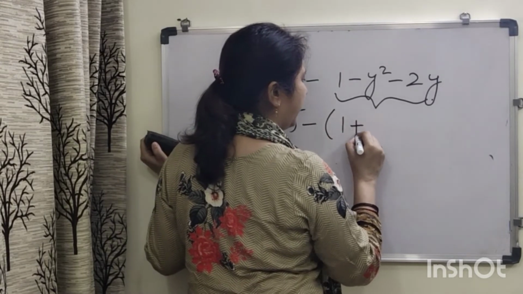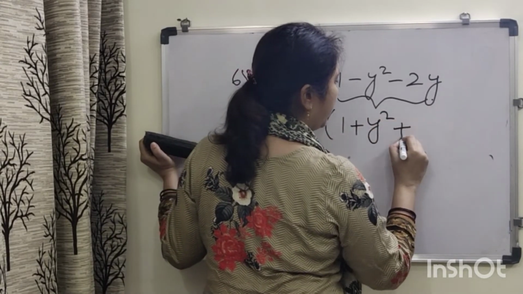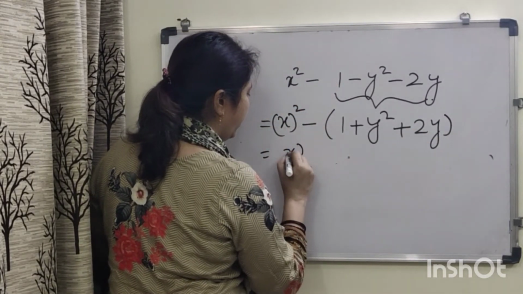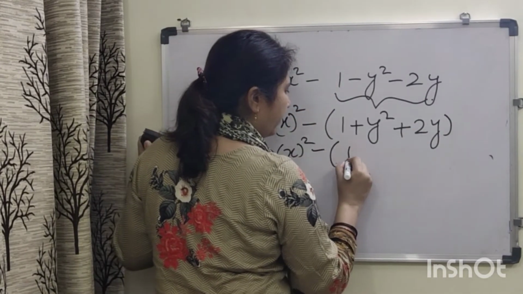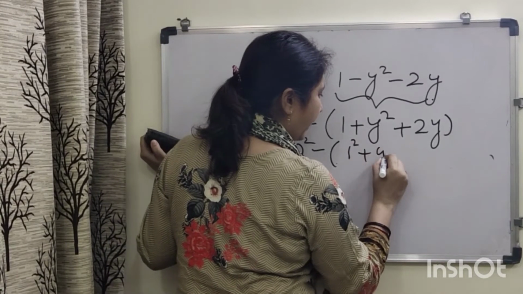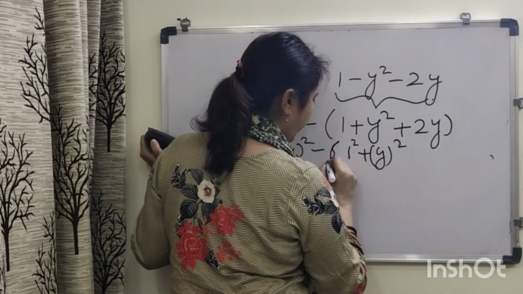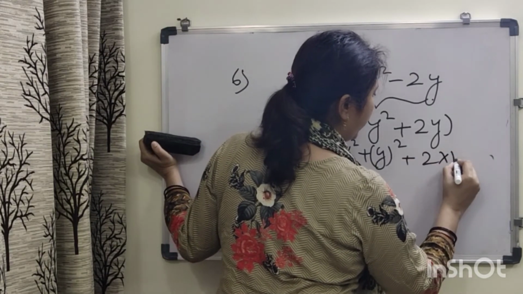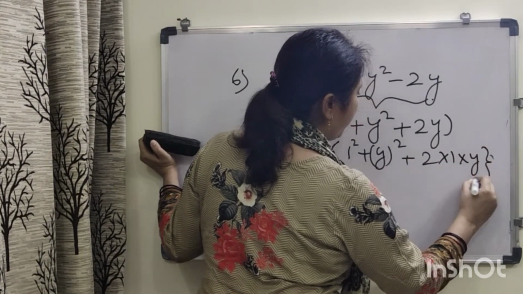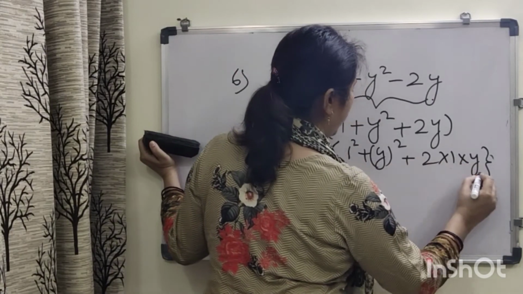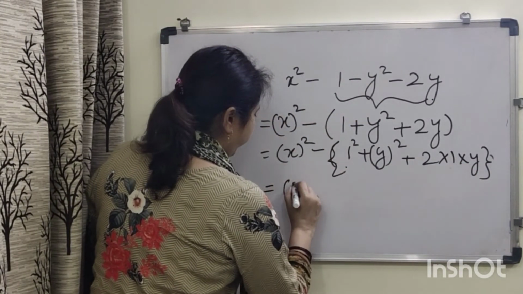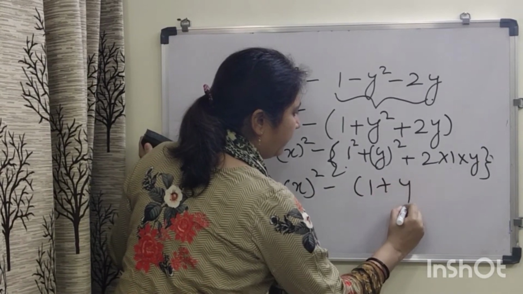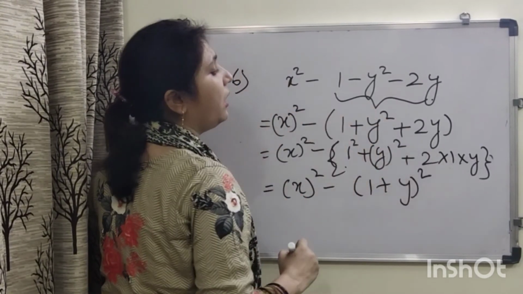It is 1 plus y square plus 2y. Now if you look at this carefully, you will find that it is 1 square plus y square, let's use curly bracket, and this is 2 into 1 into y. Children, what has it become? (A plus B) whole square, and in that your A is 1 and B is y. So (1 plus y) whole square.